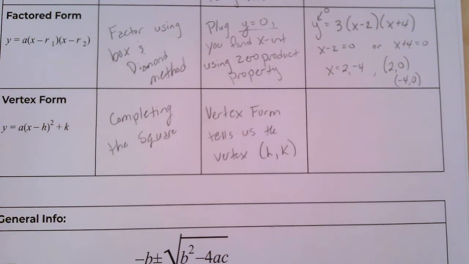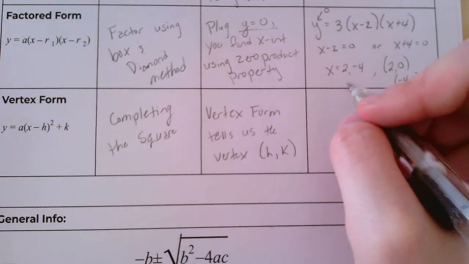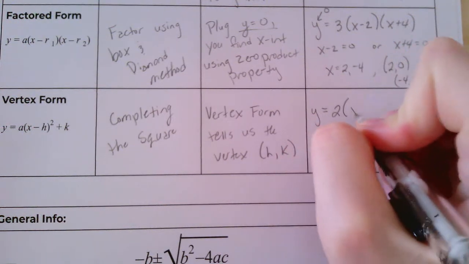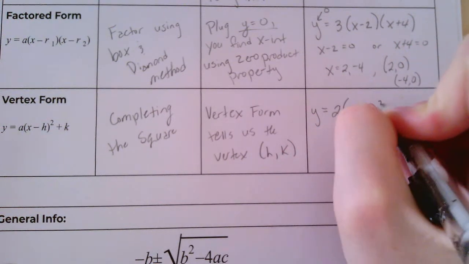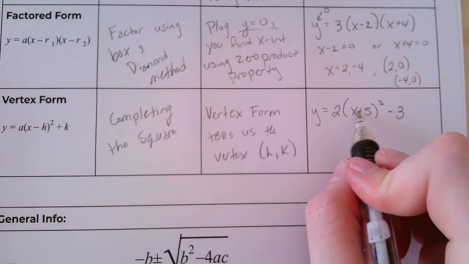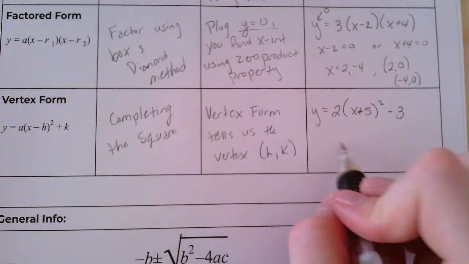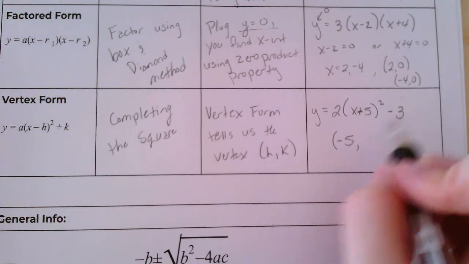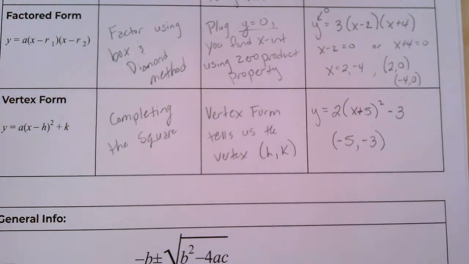It just stays whatever it is. Okay, so let's say, for example, I had an equation that looked something like 2 times (x plus 5) squared minus 3. I can see that this is now positive 5, so the h value would be the opposite. It's going to be -5, and k would just be the -3 there.